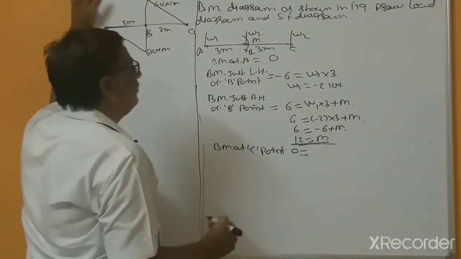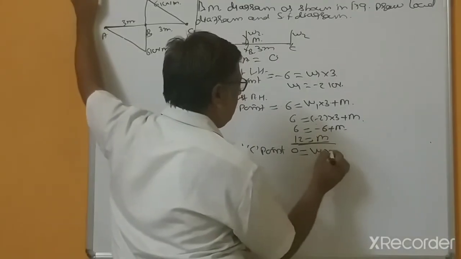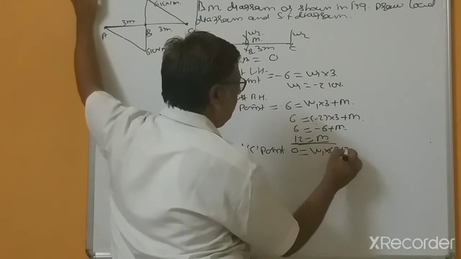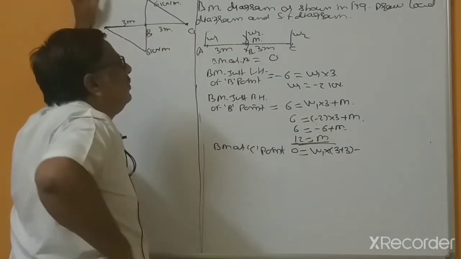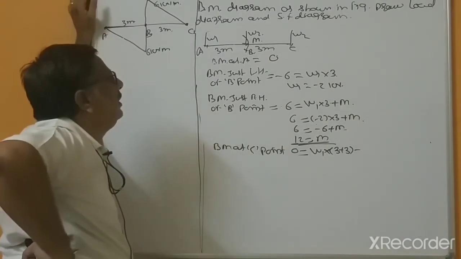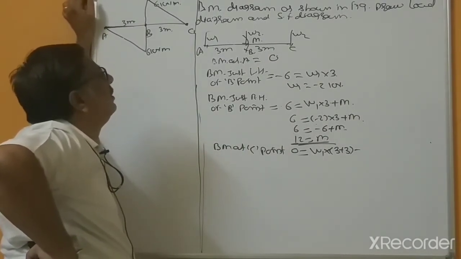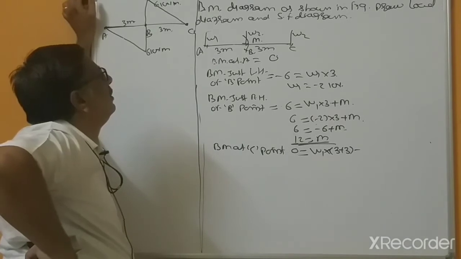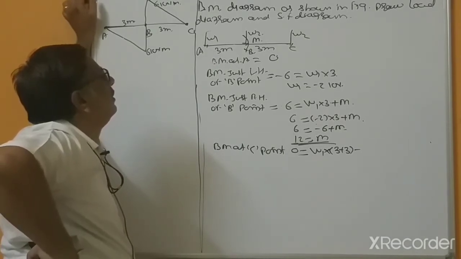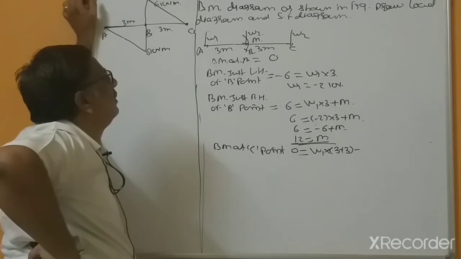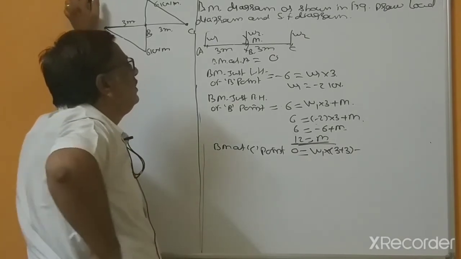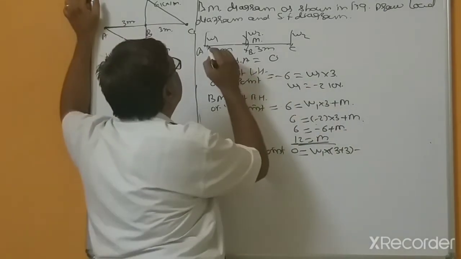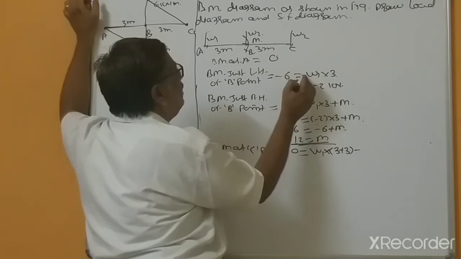Now force W1 into 3 plus 3 and, okay, I think I made a mistake here because this is anti-clockwise.